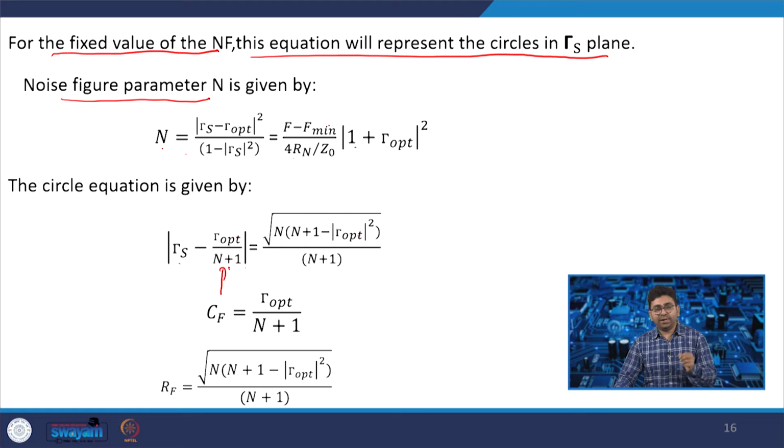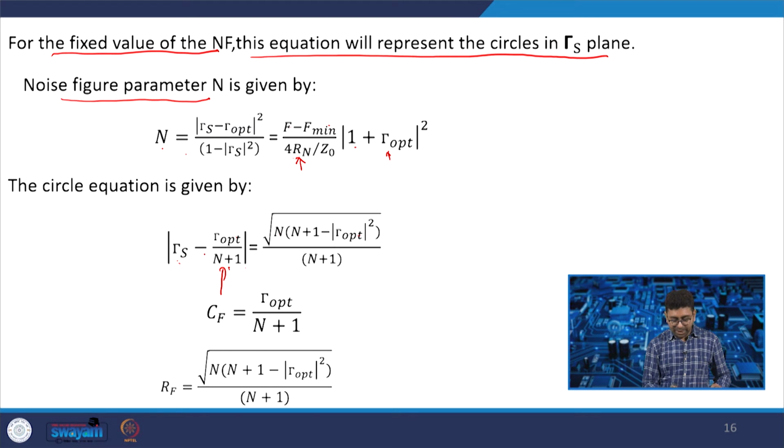If you are using a design kit in a simulator like Cadence or ADS, and you have a multiple transistor network like a cascode or differential amplifier, you can get the gamma opt from the simulator as well, where the design kit also provides the information related to the noise parameters. So, these two parameters, one is Rn, which is the process dependent noise resistance, and the gamma opt, that is also a process dependent parameter.